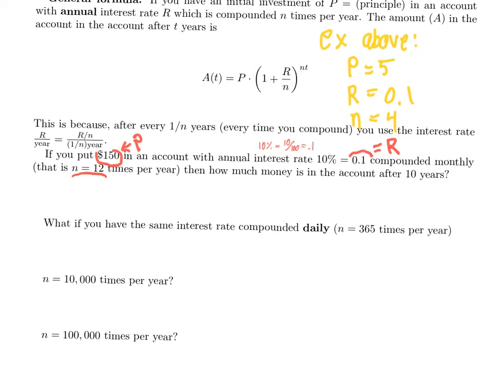Then how much money will you have in this account after 10 years? Well, all we have to do is apply this formula. So we'll take the initial principal of $150 times 1 plus the annual interest rate, 0.1, compounded 12 times, so 0.1 divided by 12.